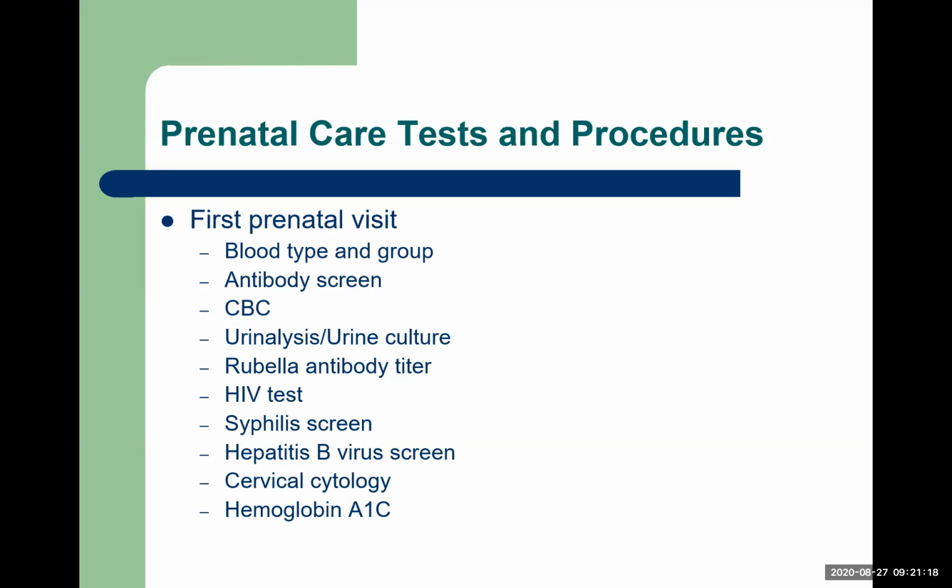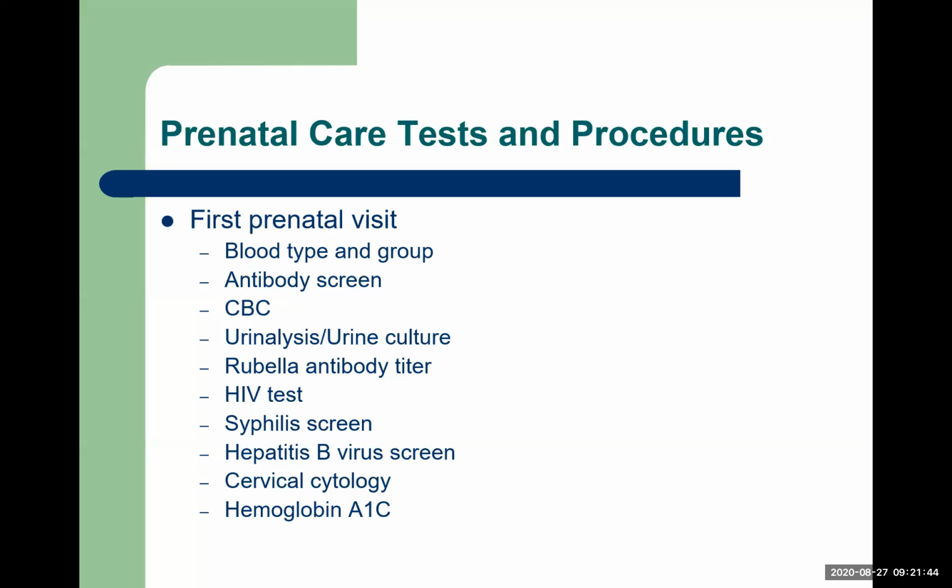I always like to go through these because there is a reason why we order each and every one of these tests. Usually when we're in person, I like to go around the room and ask everyone why they think we order this particular test, but given the circumstances of being on Zoom, I'm just going to go through them.